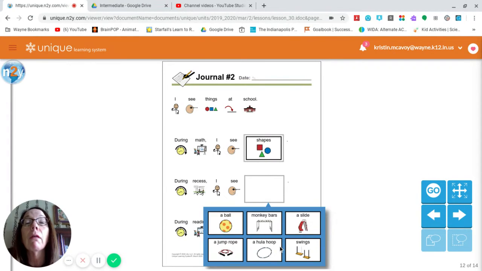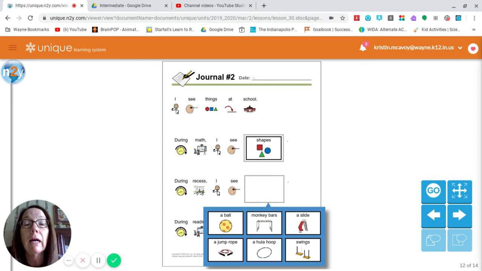And these are all things that are sometimes outside during outdoor recess. We typically don't take out a hula hoop, but sometimes there's a hula hoop outside, and there's always a jump rope outside too. So think about what you see when you're outside at recess and what you want to choose to fill in that blank with.